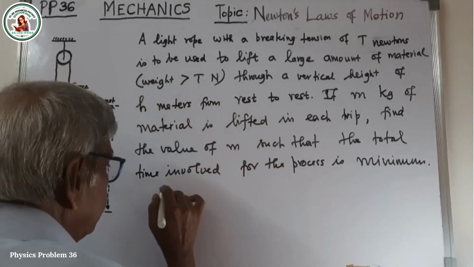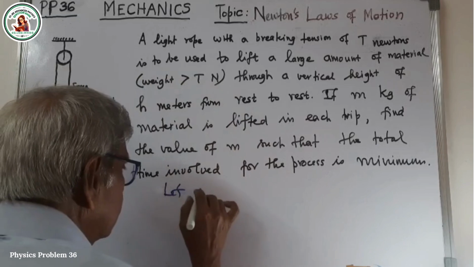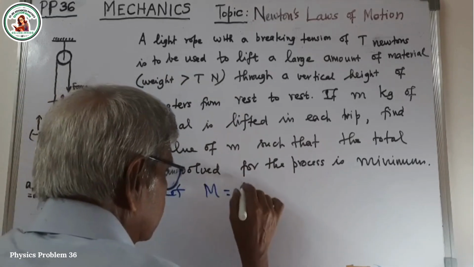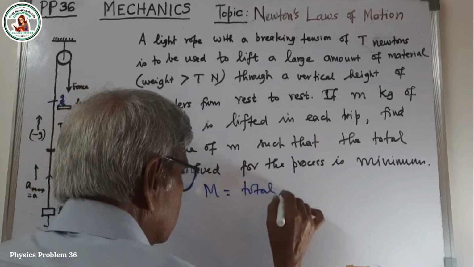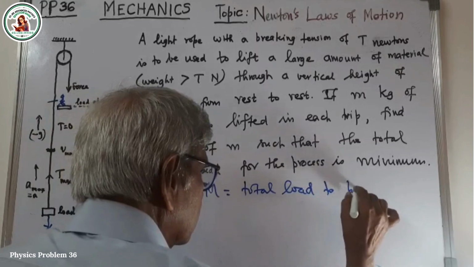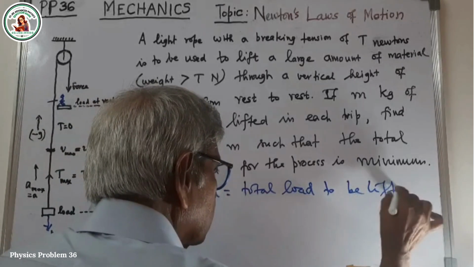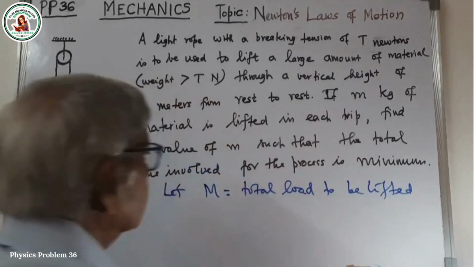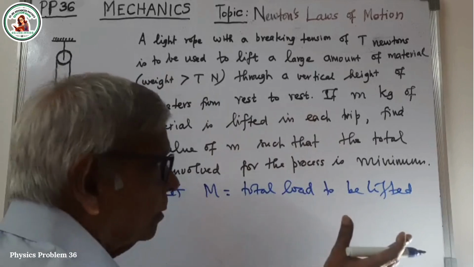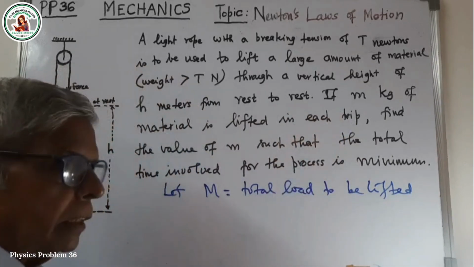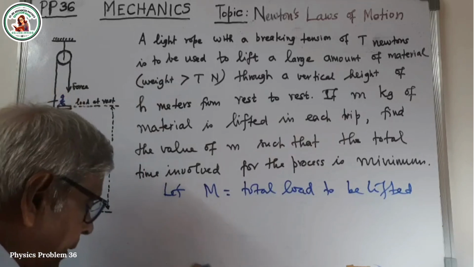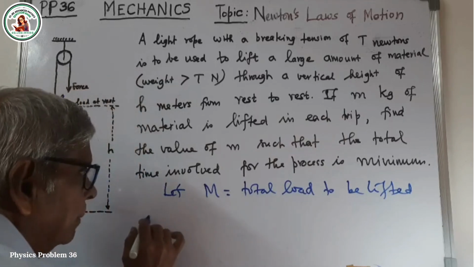So let us denote by capital M the total load to be lifted. Small m is the mass of material to be lifted in a single trip.